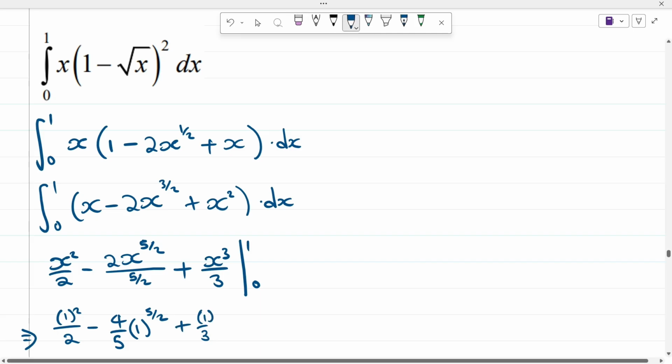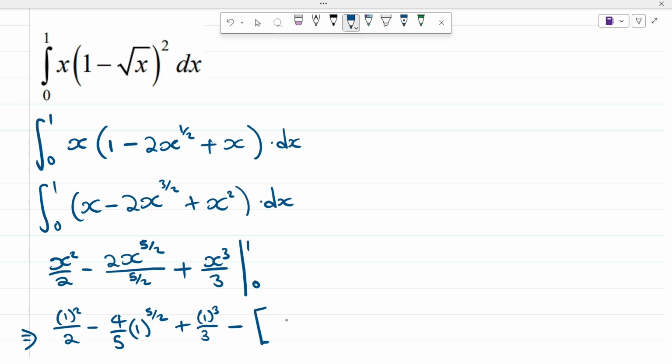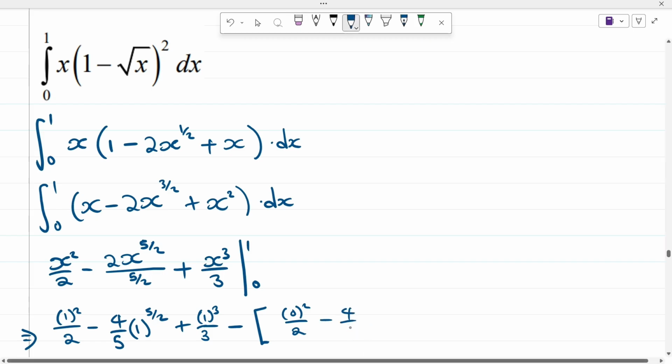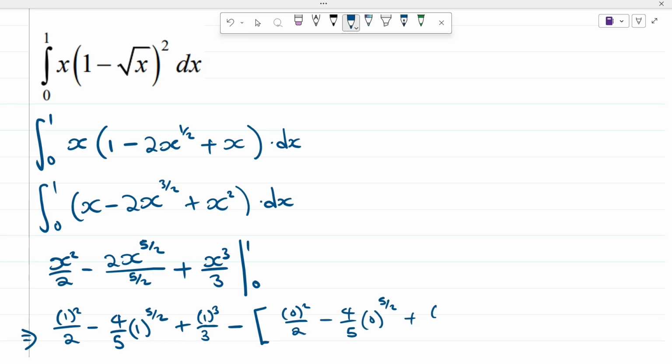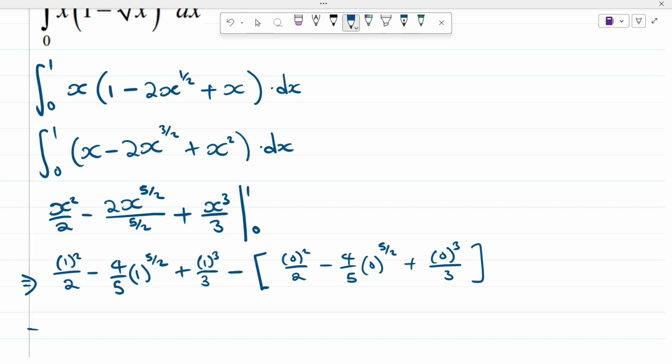Then we substitute the 0: 0 squared over 2 minus 4 over 5 into 0 to the power 5 over 2, plus 0 cubed over 3. And then you punch on your calculator.